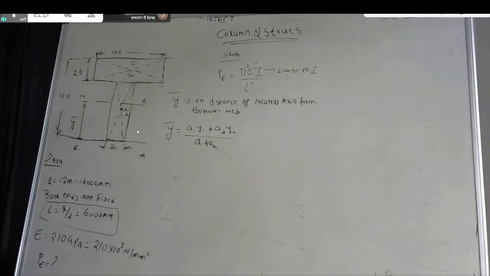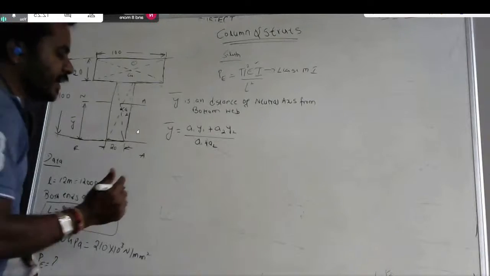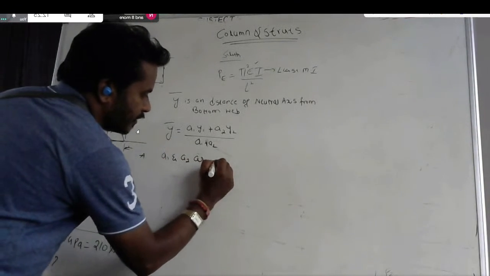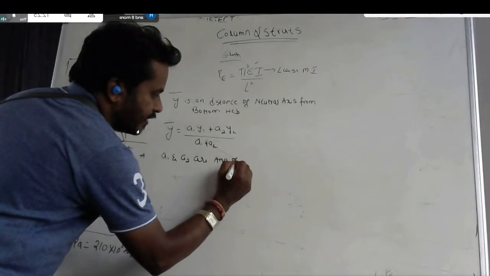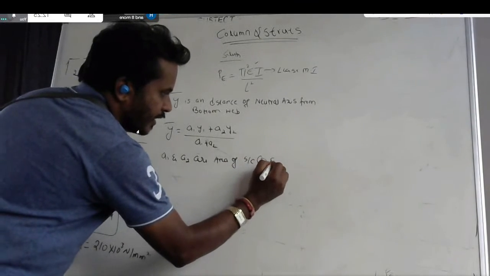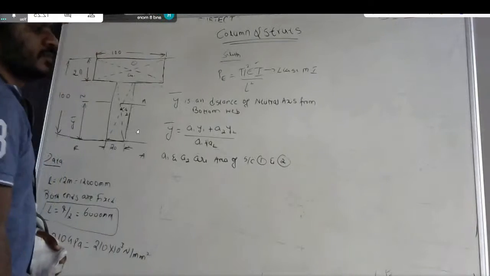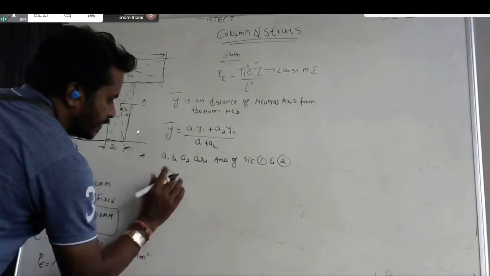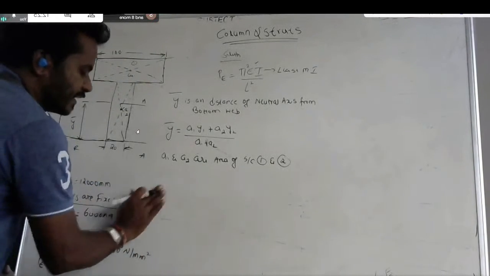What is y1, y2 I have taken here? A1 and A2 are the areas of section 1 and section 2. That is A1 equal to, I will calculate later.